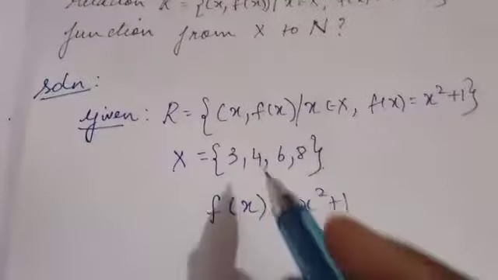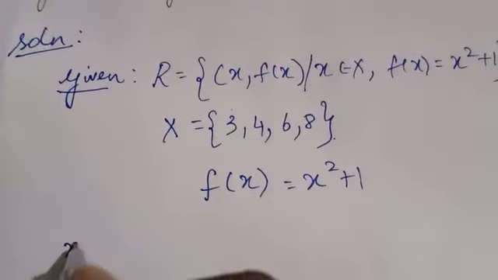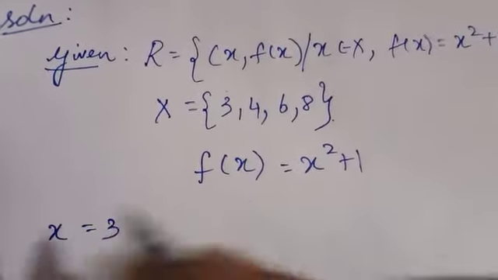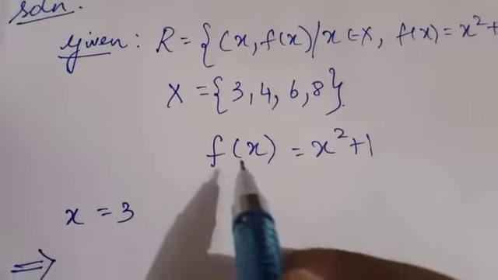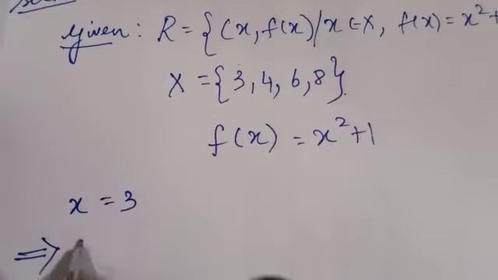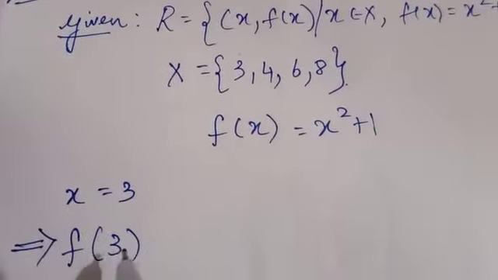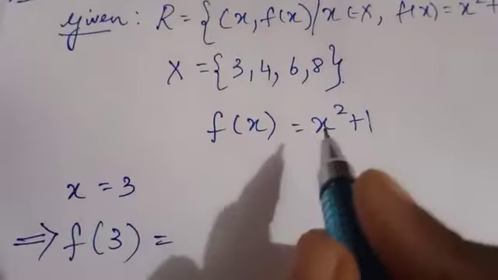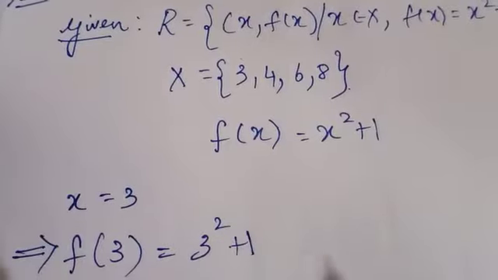So what is the first element here? 3. So when x = 3, I am substituting 3 in the place of x, that is equal to 3² + 1.